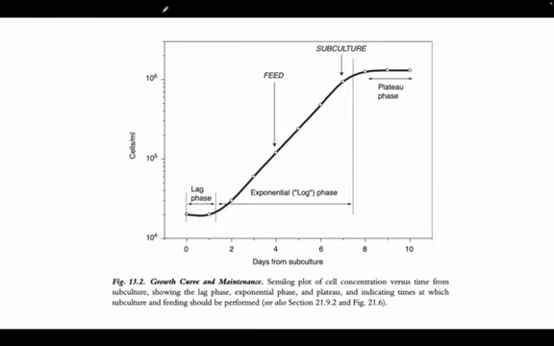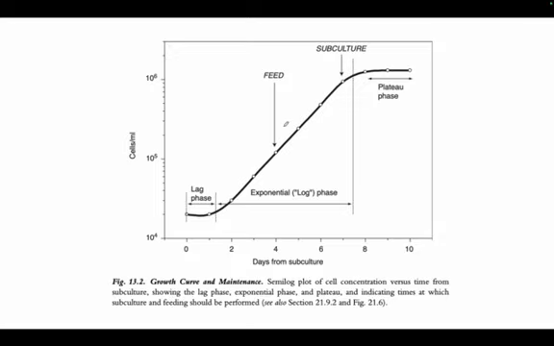So, as for the eukaryotic cell growth curve, you can see it's very similar to the bacterial growth curve that we just saw. There is a stationary or a lag phase in the beginning. Once the cell is in a position to start dividing properly, you will get the exponential or log phase.